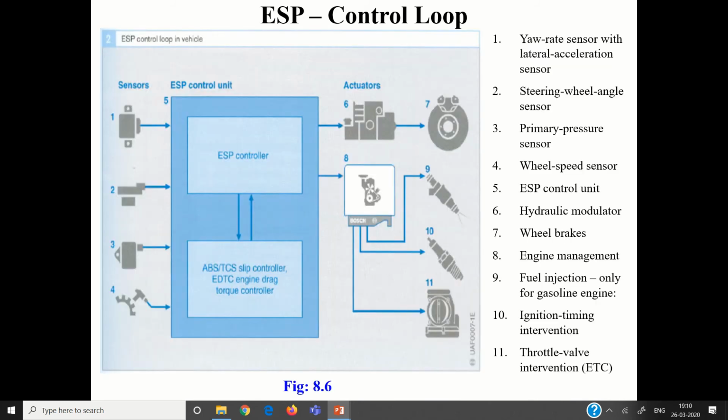So basically, then what is this electronic stability program? As you have your sensors, you have to measure lateral acceleration, and also you have to measure the vehicle speed.